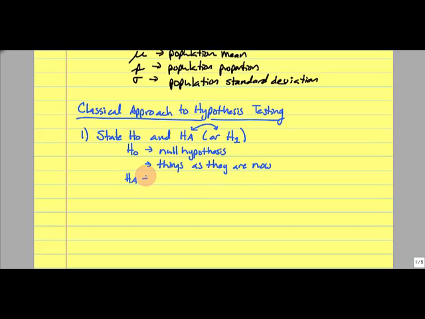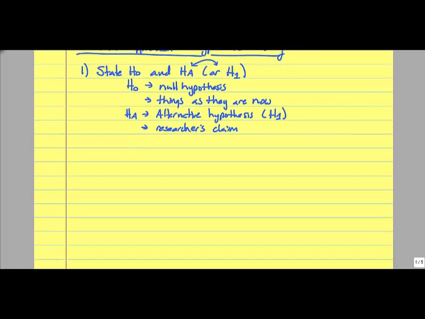And that's your alternative hypothesis. Remember, an alternative hypothesis can also be denoted H1, so you'll see these used interchangeably. This is the researcher's claim, the new claim. We're going to get into a lot more detail with this a little bit further down, but for now, I just want to look at an overview of what's happening here.